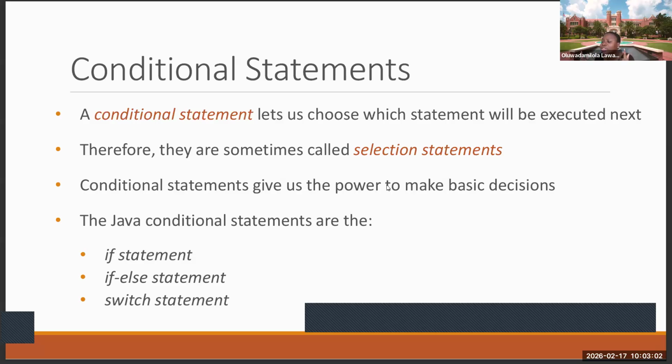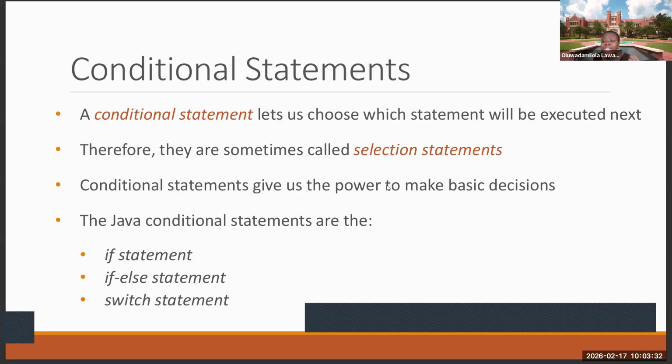So you're given the power to make basic decisions in a conditional statement. And we have the if statement: if this is correct, do this. And we have the if-else statement: if this is correct, do this, else do this. Those are the kinds of instructions. I want you guys to please take notes.